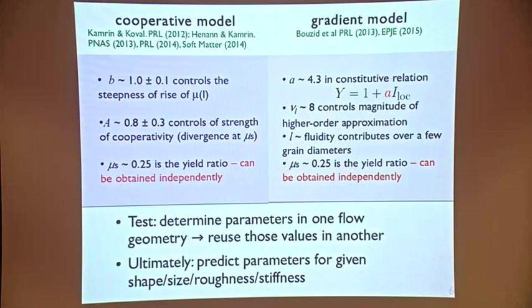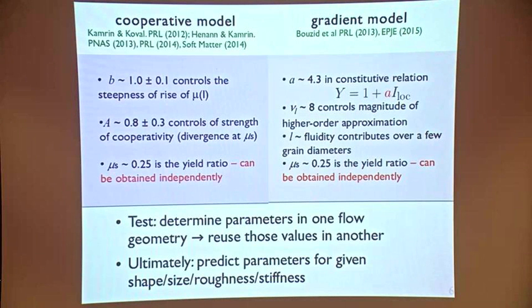As an experimentalist, I look at this and say, talking with my industrial collaborators, if they give me a bucket of beads, or a bucket of beet seeds, or a bucket of coal, whatever they give me, do I know how to determine these parameters? Then they can do a Navier-Stokes-like simulation.